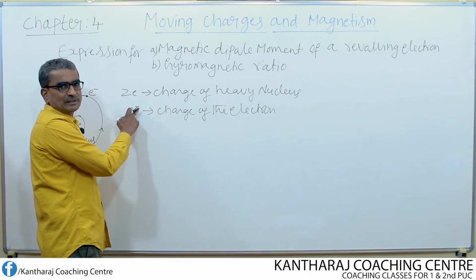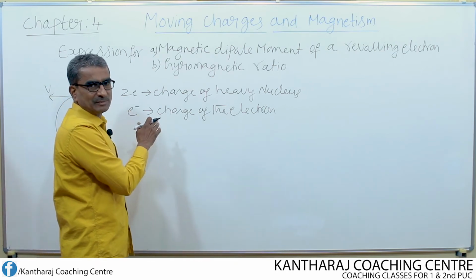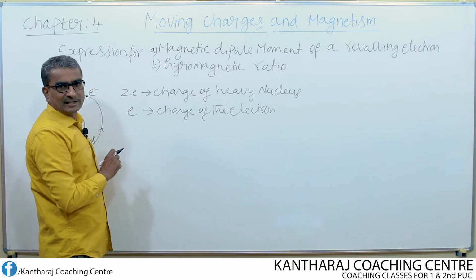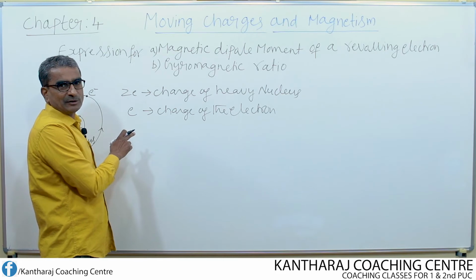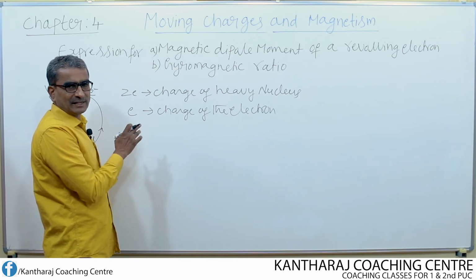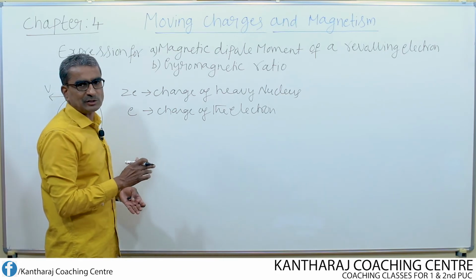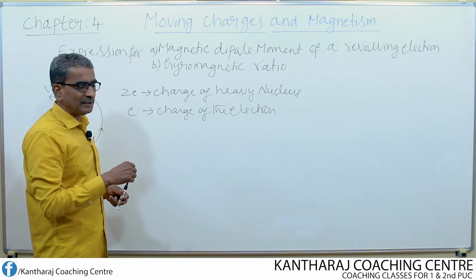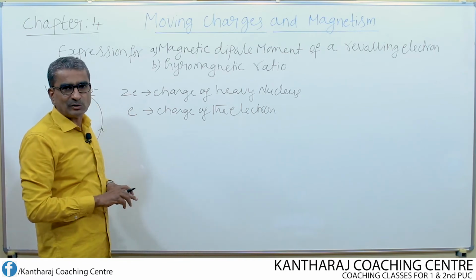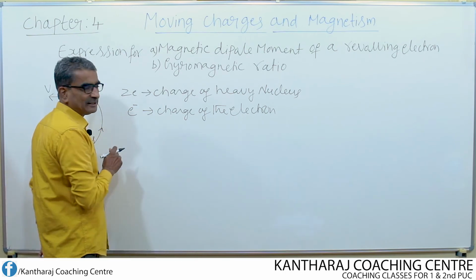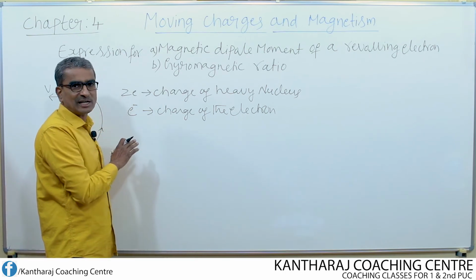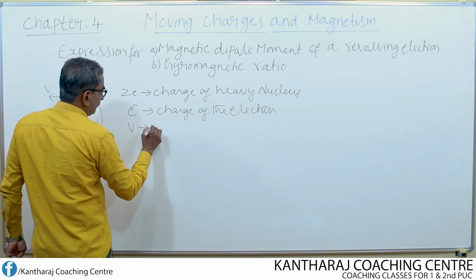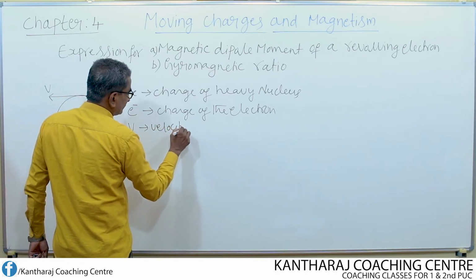The minus sign is written to show that it is a negatively charged particle like the electron. Magnitude of positive charge and magnitude of negative charge are one and the same, but to identify whether the charge is positive or negative, we put a minus sign. Then v is the velocity of the electron.